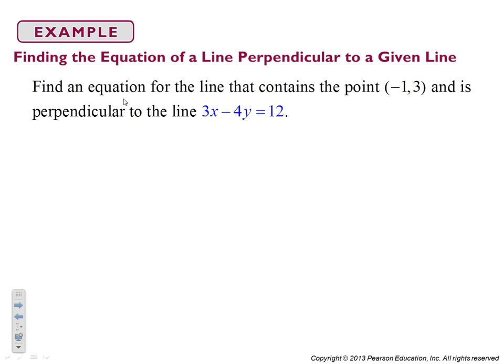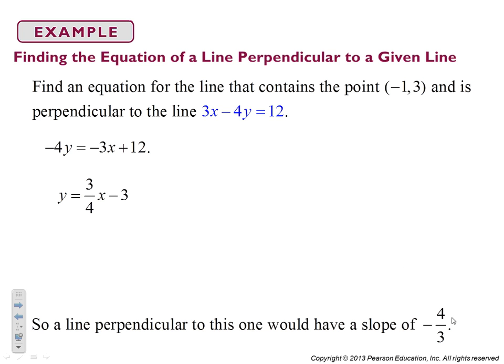And find an equation for the line that contains the point -1, 3 and is perpendicular to the line 3x minus 4y equals 12. So we're going to solve for y. Now I know the slope is 3/4. We're going to flip it and change the sign, so it's going to be -4/3.